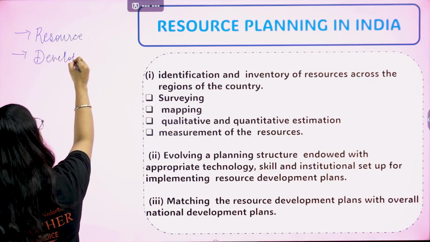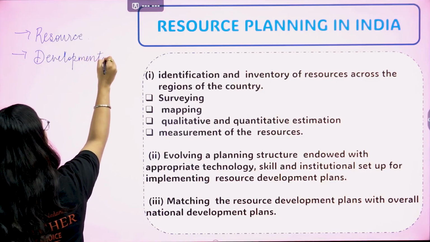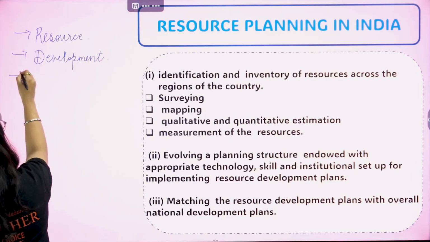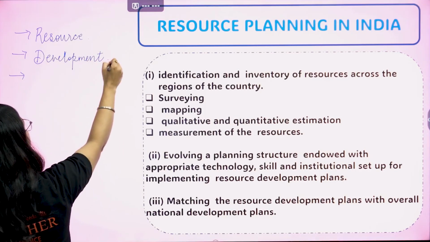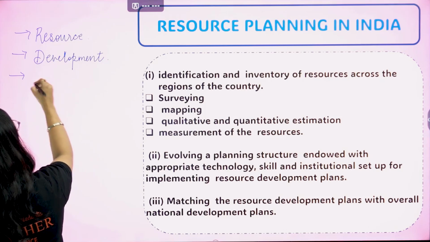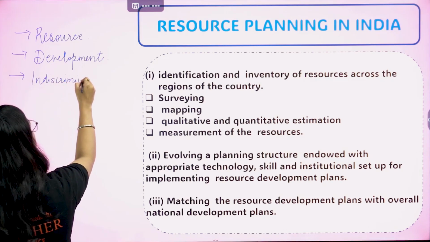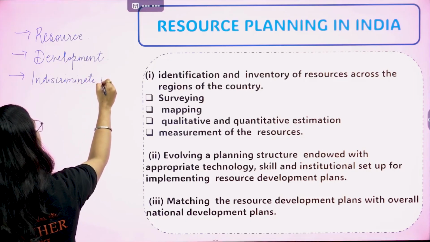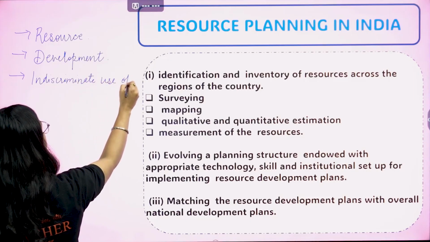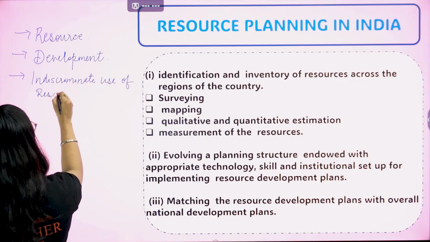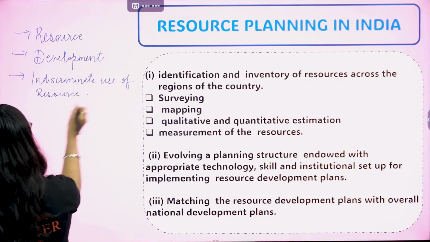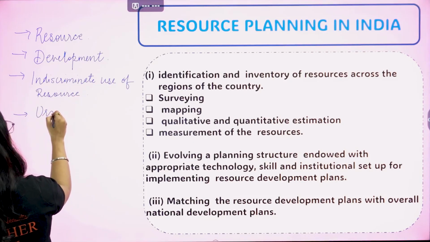Whenever there is presence of resources, there will be development. And if development goes on so much, then it can lead to indiscriminate use of resources. Now, this indiscriminate use of resources can create certain urgent problems.